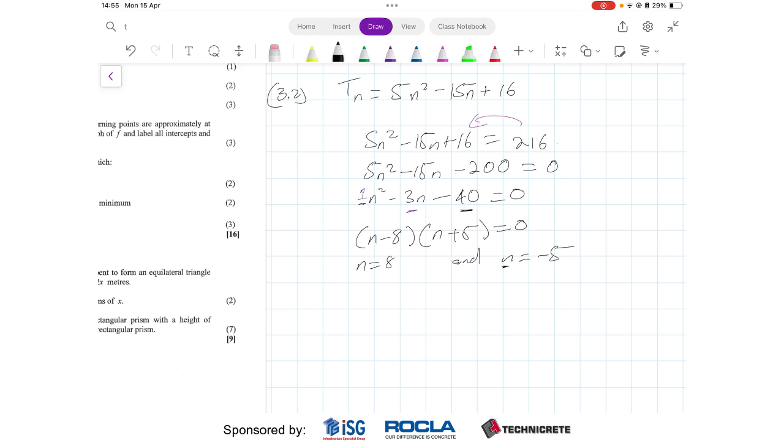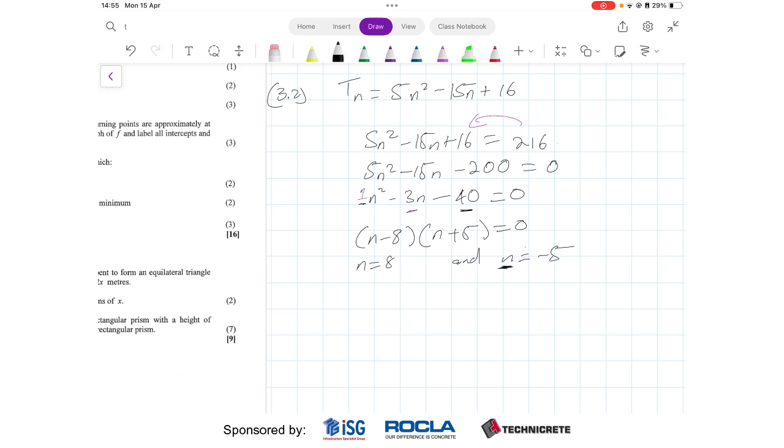So what I'm trying to say is n cannot be negative. You can't have a term negative 5. You always have the first term, the second term, the third term. You don't have the 0th term. You don't have the negative 1st term. You don't have the negative 2nd term. You only have positive integers for where you fall in the sequence, right?